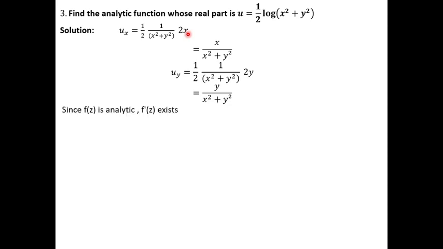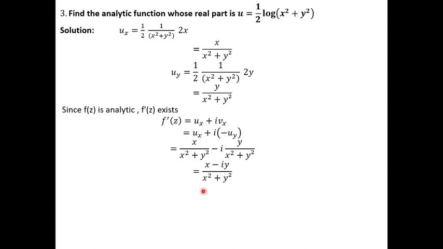Let f(z) be analytic and the derivative exists. Therefore its formula is ux plus i into vx. Here vx can be written as minus uy. Now substitute the ux value and uy value, we get like that. Here the denominator is the same, then we get (x minus iy) whole divided by (x square plus y square).